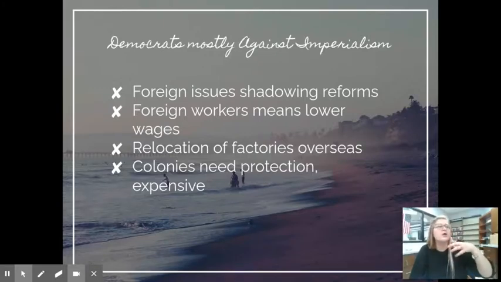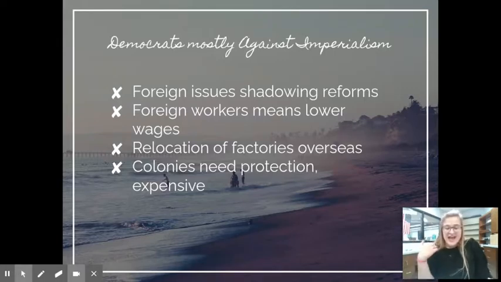Like, kind of like outsourcing, why would we pay Americans to do this when we can outsource it to these Pacific Islands and pay them less? They're fearful of relocation of factories overseas. They are fearful that colonies would require a standing army, and that would be farmers' sons and poor people that could be harmed in the way of that.